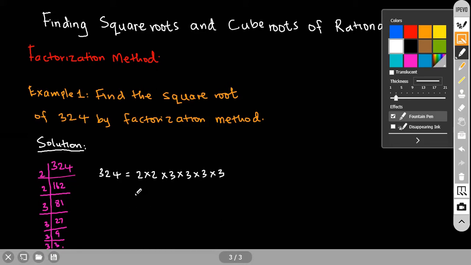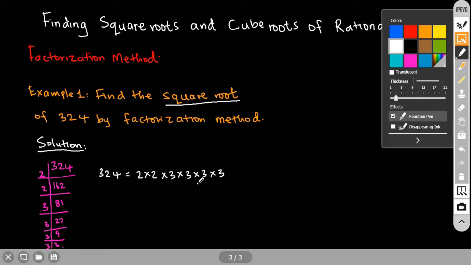Okay? So now, since we are finding the square root, you need to remember that to get the square root, you are looking for the number that can be multiplied by itself to get the square number. So if we are finding the square root of 324, we are looking for a number that we can multiply by itself to get 324.